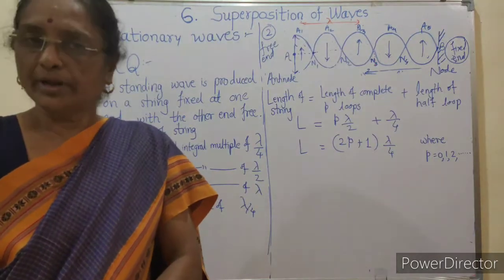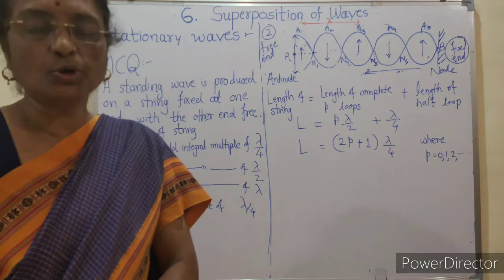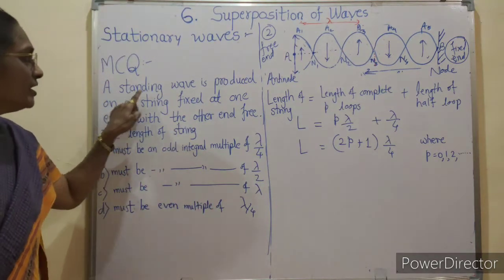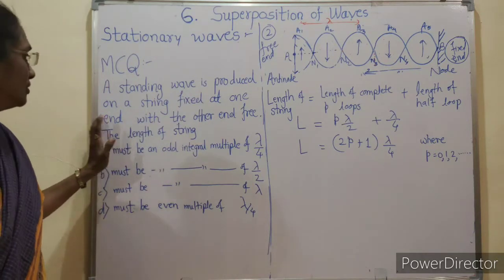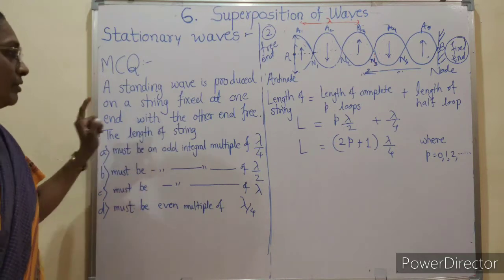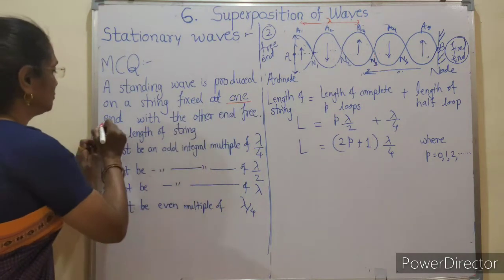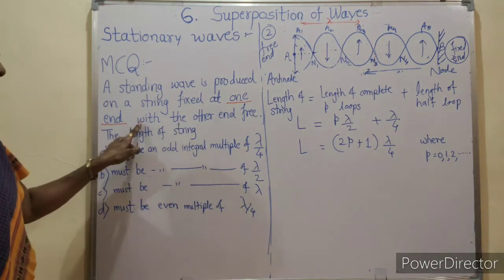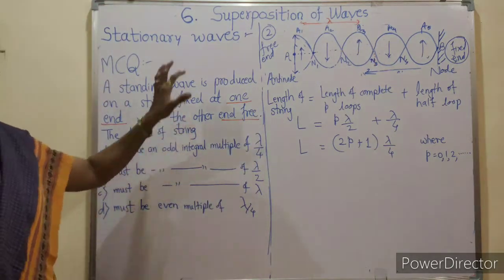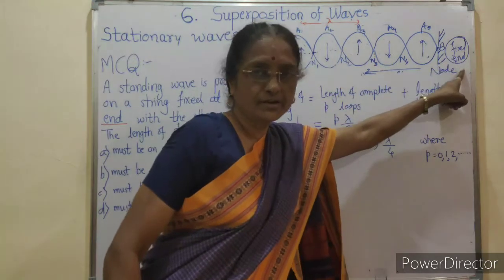We discuss one MCQ given in the textbook. The MCQ is like this: a standing wave, meaning a stationary wave, is produced on a string fixed at one end with the other end free. Here this is the fixed end.